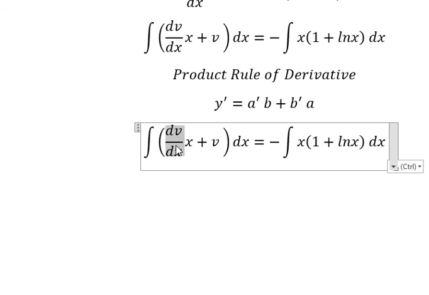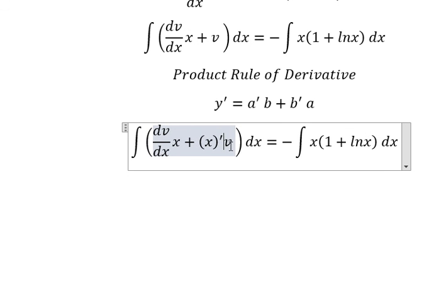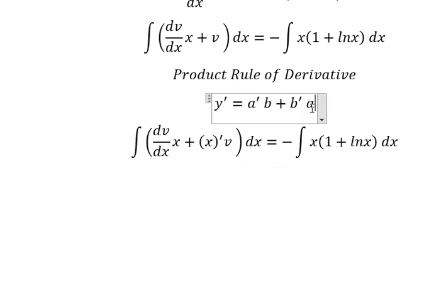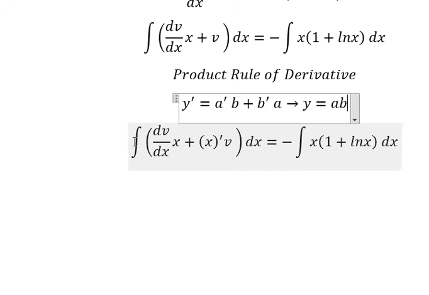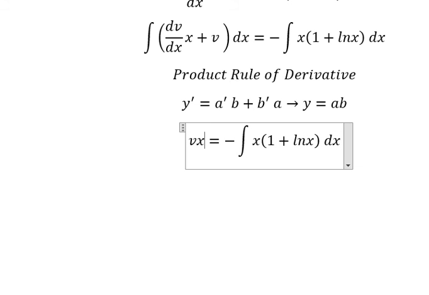So we have the first derivative of a multiplied by b, and this one we have the first derivative of b multiplied by a. So the integration of this one, we have y equals ab. So the integration of that one, we have vx.